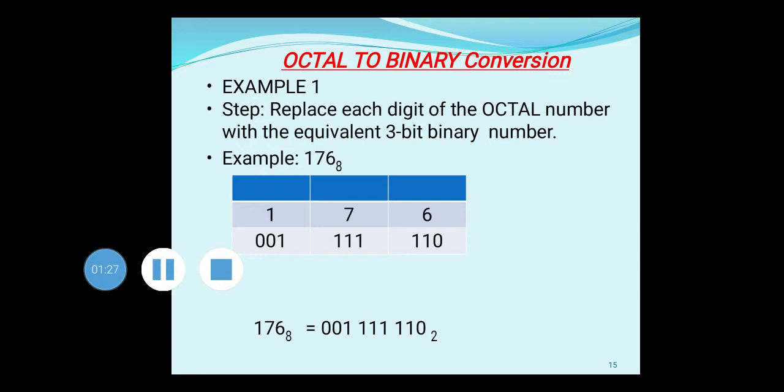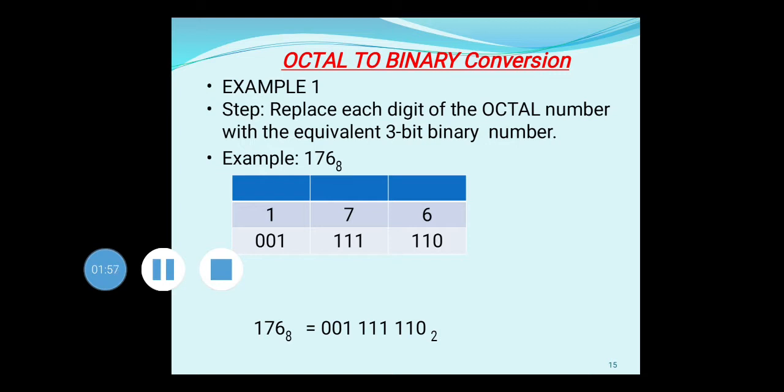So 6 is represented by 110, 7 is represented by 111 and 1 is represented by 001, and this is the final answer. While writing you will start with 1, so that is 001, 111 and 110. So this is its equivalent binary number.